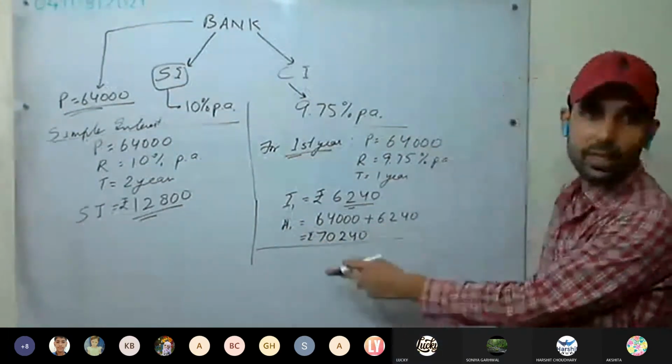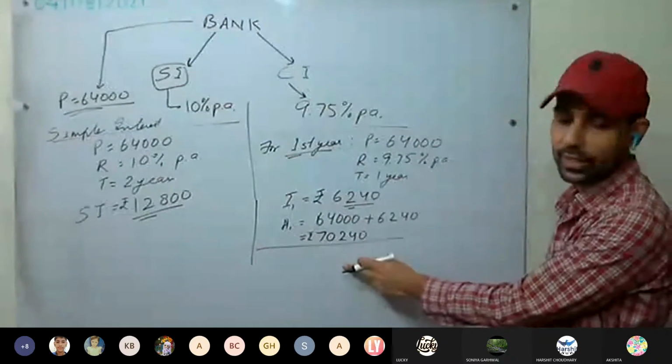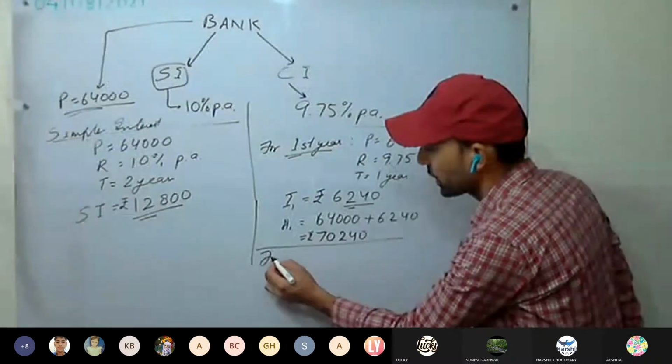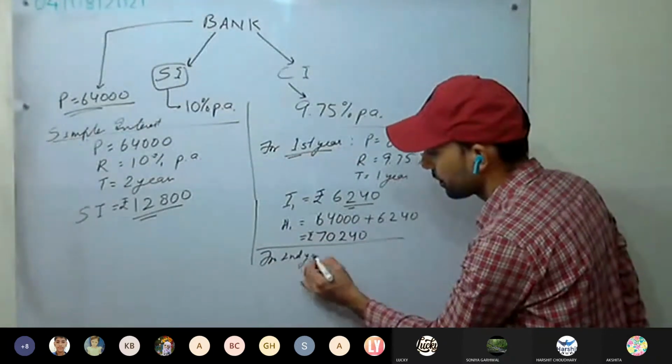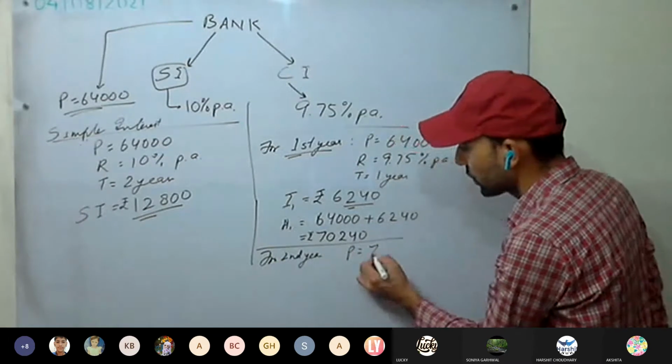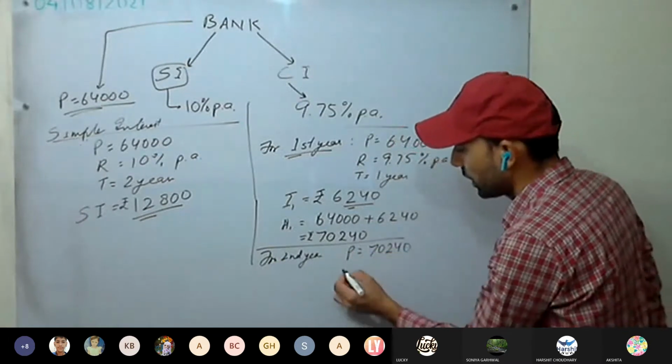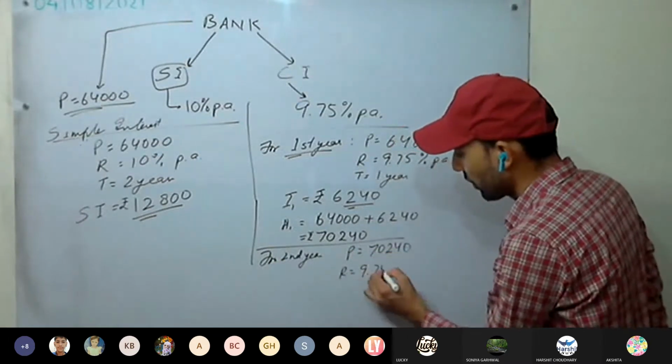Now see here, this will be the principal for the second year. So for the second year, principal equal to 70,240. Rate equal to 9.75.